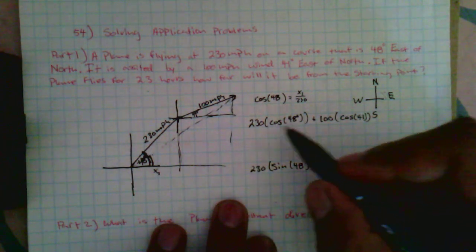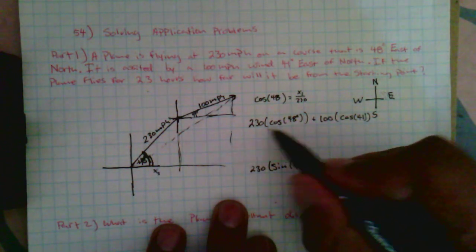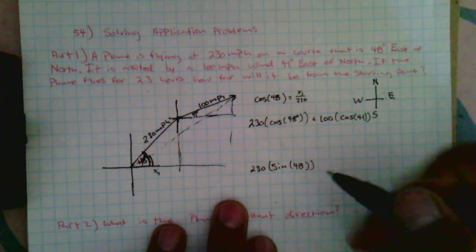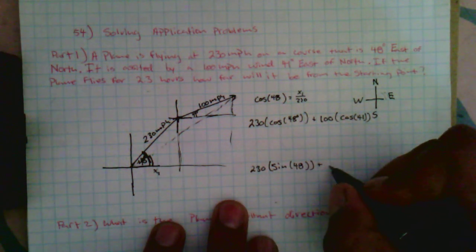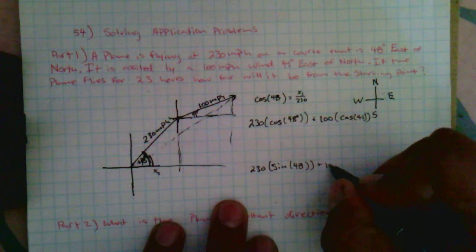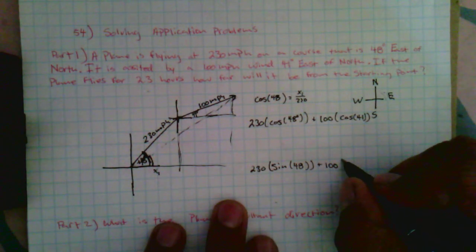But if you just think about, like, hey, to find the vertical, just do cosine. To find the horizontal, just do sine. You're adding them both. You're going to do both of these. It doesn't matter which order you do this in. You just want to get it done, right? And this is pretty much the same. Well, if they're both going the same direction, east of north, this is pretty much how it works. Like if they're going opposite directions, it's a little bit different, but it's not too bad.